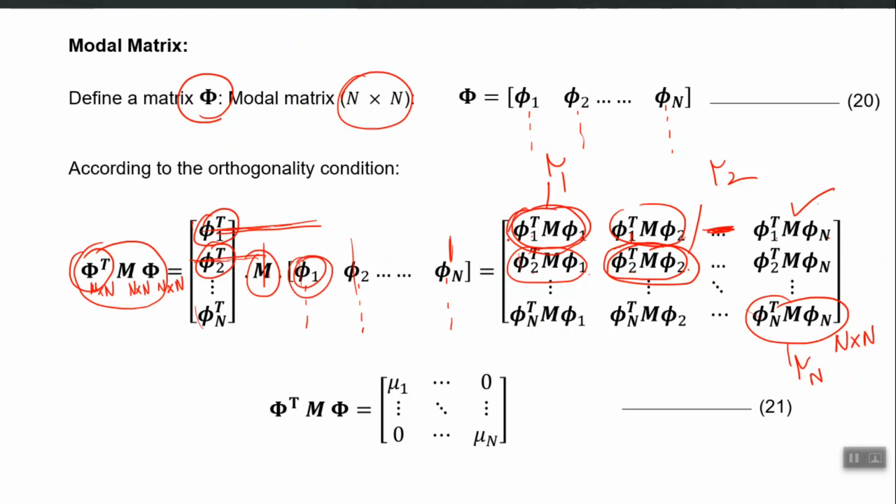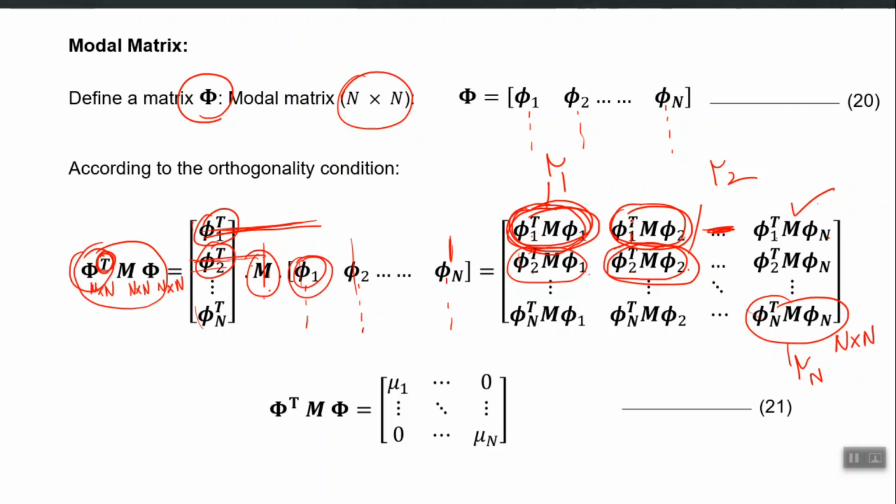So how is the first entry obtained? First row of capital phi into M into the first column of this capital phi matrix, because you have the transpose here. So first row, M and first column becomes phi 1 transpose M into phi 1 again. But if you want to make the second entry, it will become phi 1 transpose into M into phi 2.